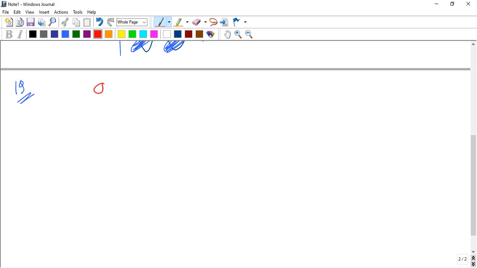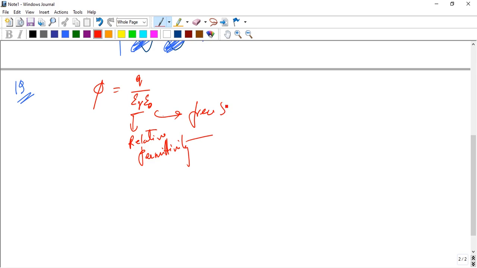From Gauss's law, phi is equal to Q over epsilon R times epsilon naught, where epsilon R is the relative permittivity and epsilon naught is the permittivity of free space.